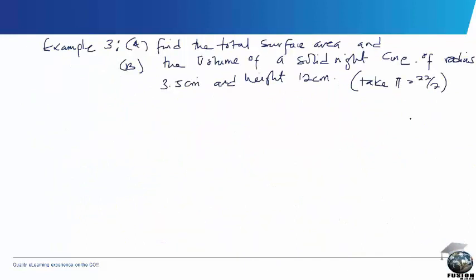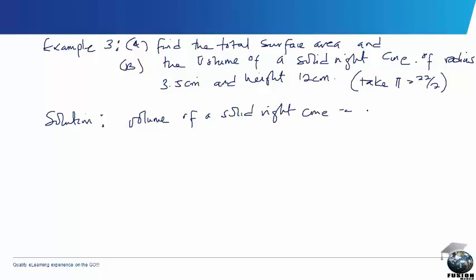So solution: the volume for a solid right cone is equal to 1/3 pi r squared h.